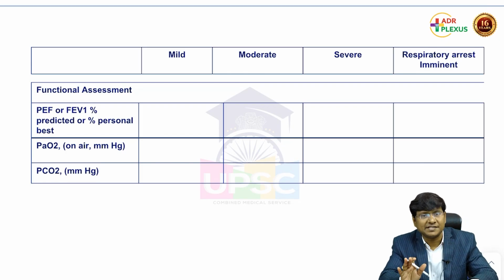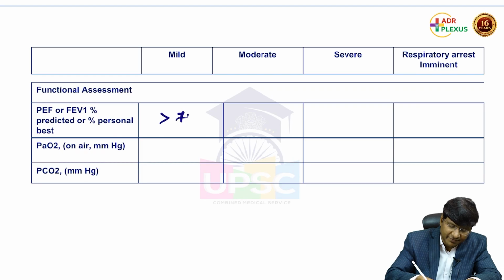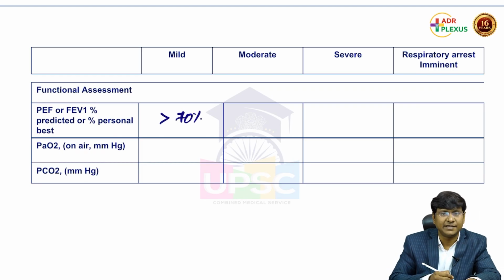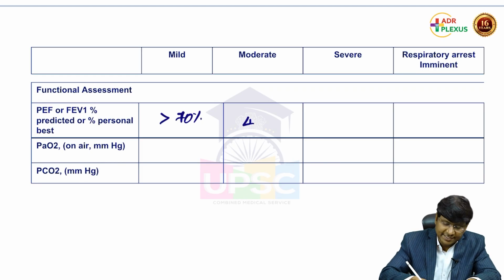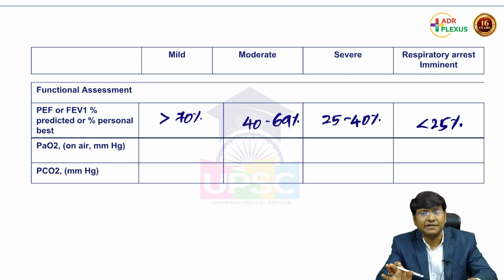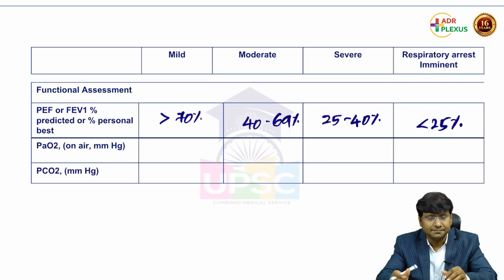And if you take the functional assessment of these individuals, the FEV1 will be more than 70% of the predicted value in mild, 40 to 69% in case of moderate, and in severe it is 25 to 40%, whereas in respiratory arrest, the FEV1 will be less than 25% of the predicted value.